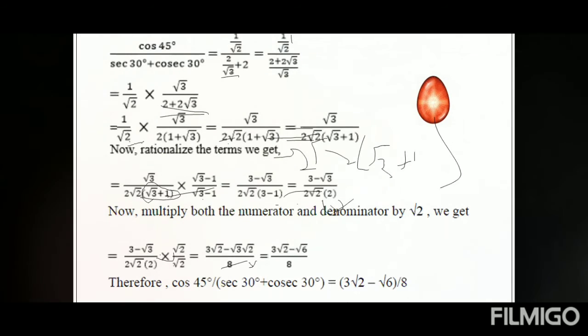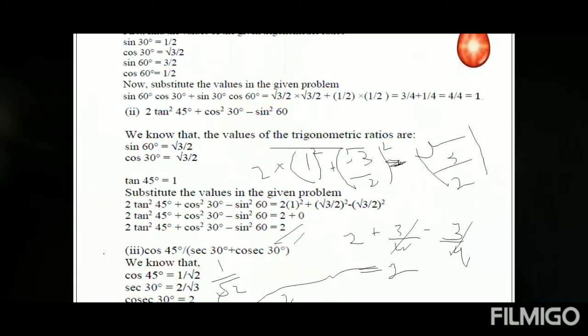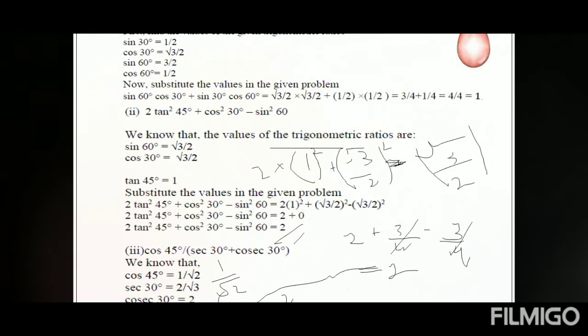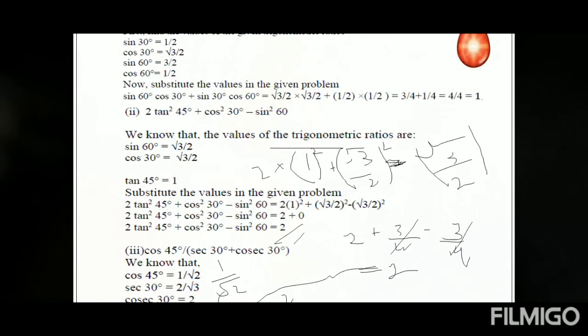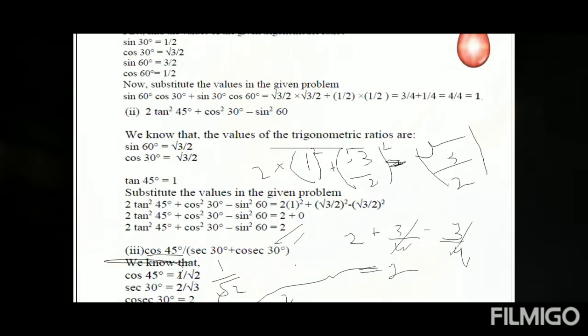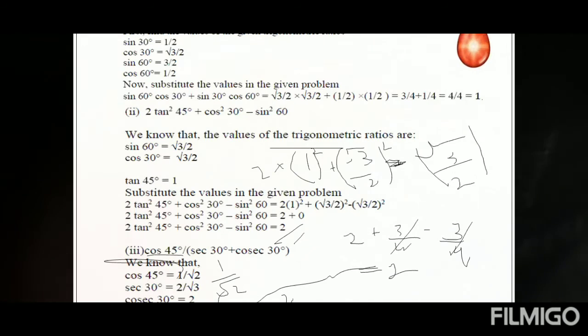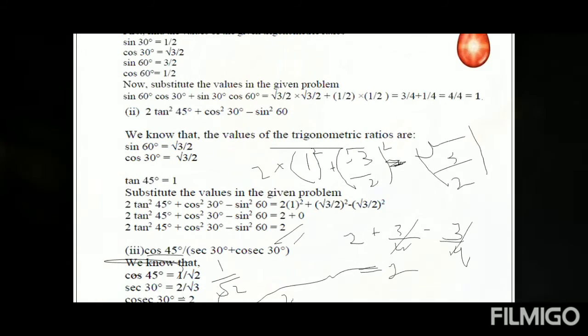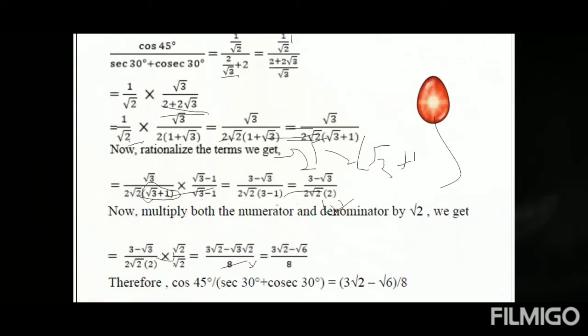Okay, so I'll just go once again. Cos 45 degree by secant 30 degree plus cosecant 30 degree is the question. Cos 45 degree is 1 by root 2. Secant 30 is 2 by root 3. Cosecant 30 is 2.